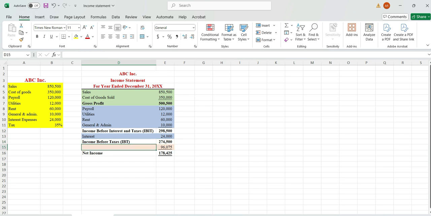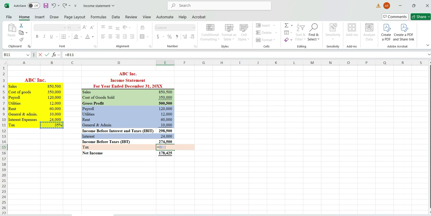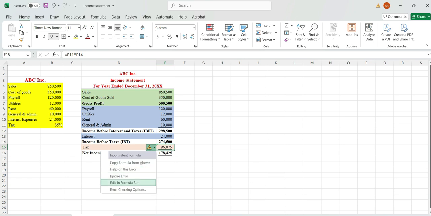Now let's go to the income tax expense, and we are told here that the tax is 35%. So we're going to put a formula here, 35% times 274,500, which is $96,075. So once we put that in, you can see we had formatted ourselves to have formulas inside.